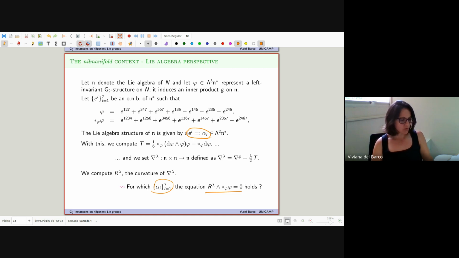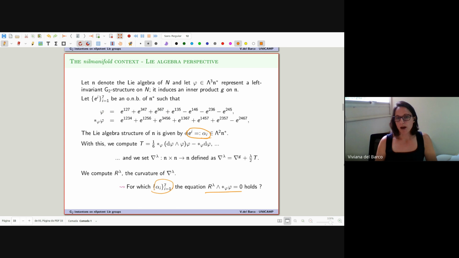This kind of question can of course be asked on any Lie algebra. I'm not using nilpotent here, but of course this problem algebraically is not doable at all. I mean, maybe by computer, but I don't think so.